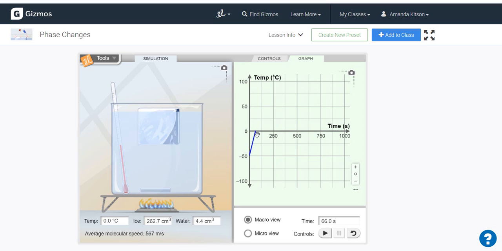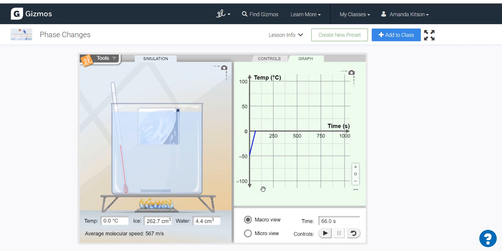Because remember, as we add heat energy to this system, the energy can only do one thing at a time. It can either raise the temperature or change the phase. You can't do both. So what you'll see is this line start to level off, and you'll see this change from ice to water, liquid water.